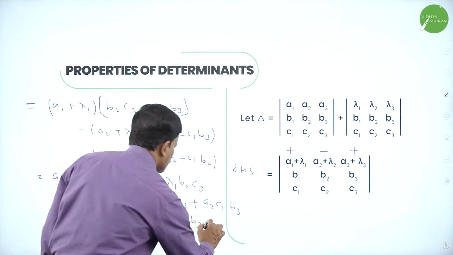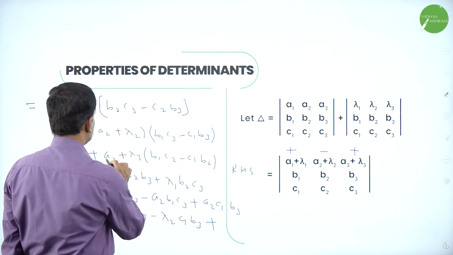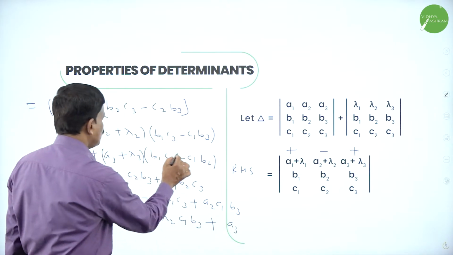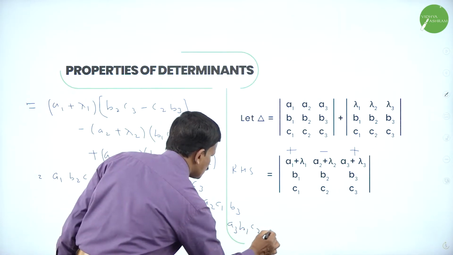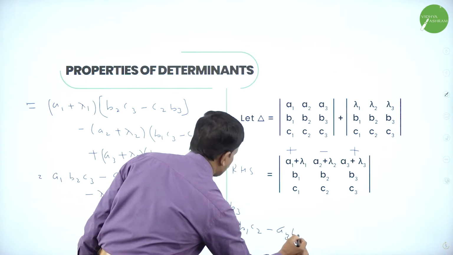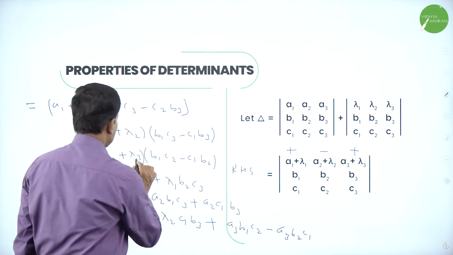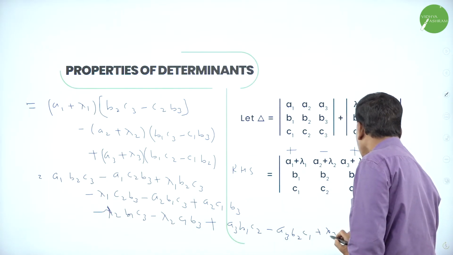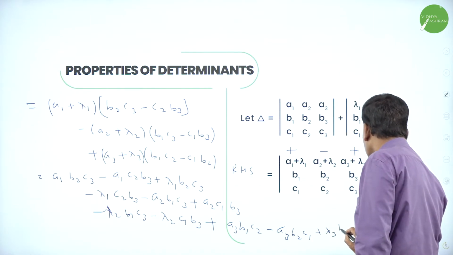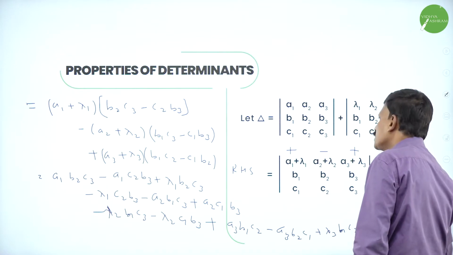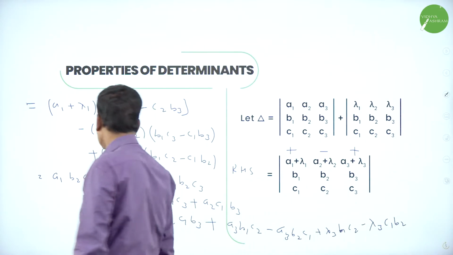Similarly, come to this last, plus A3 into B1 C2 minus A3 into B2 C1. Again with lambda 3 plus lambda 3 into B1 C2 minus lambda 3 into C1 B2. So this is the expansion.